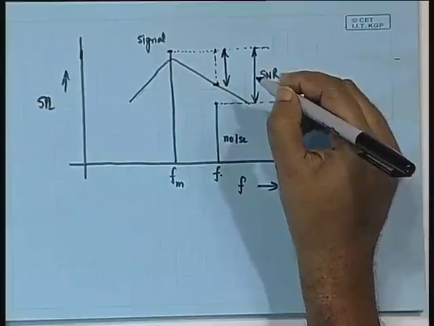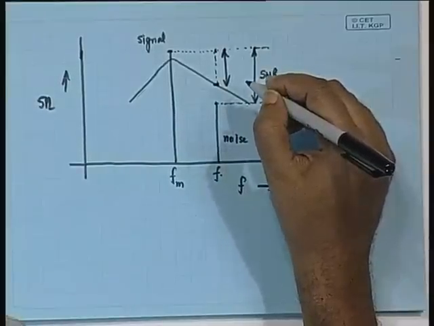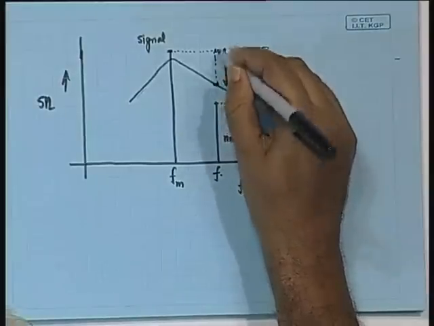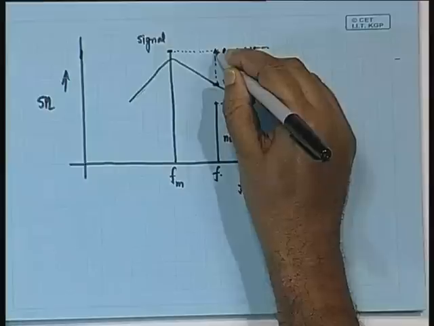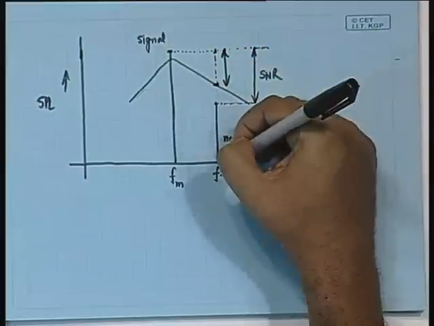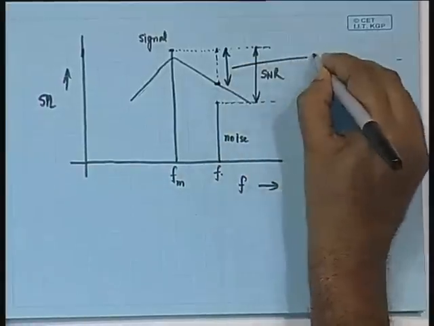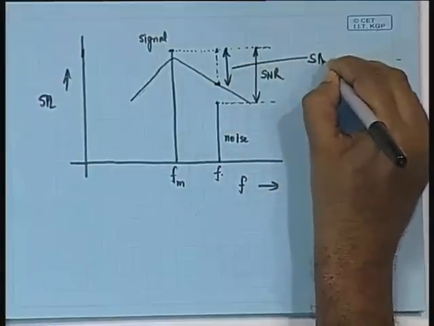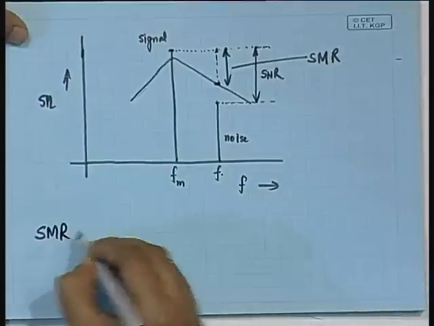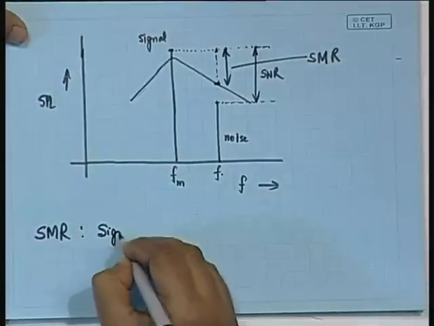That signifies that your noise should be below this. This particular level, which we get as the difference between the signal level and the masking threshold level at a frequency f, is referred to as the signal to mask ratio, SMR. So, SMR stands for the signal to mask ratio.